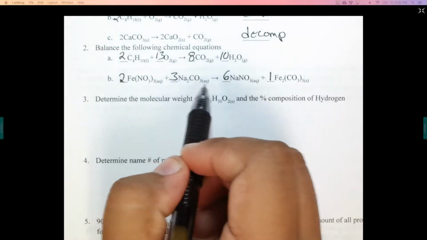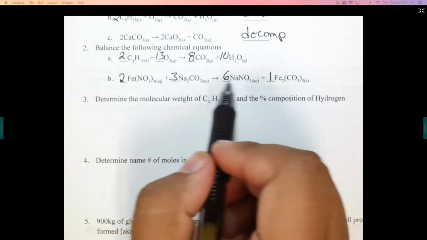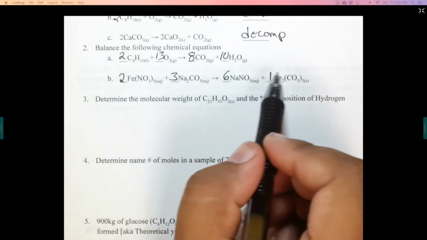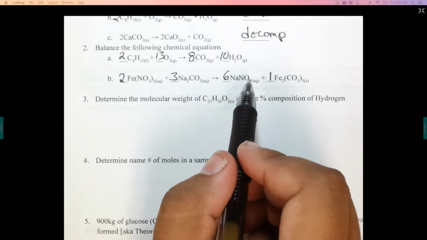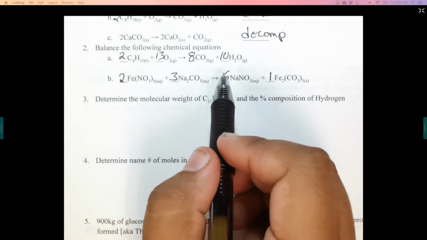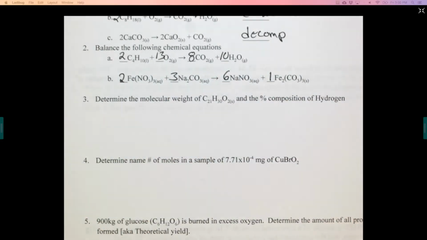Now, you can pause the video and convince yourself that you can solve this, because I'm not going to go through that step by step, but make sure that you can still balance an equation with the lowest common multiples of any type of equation that could be thrown at you.